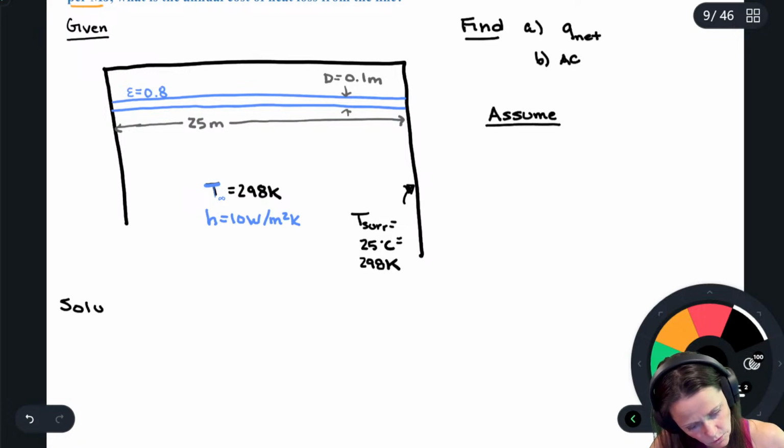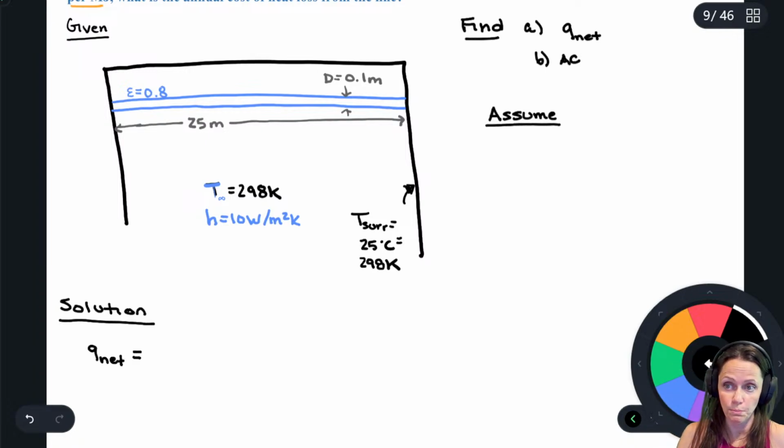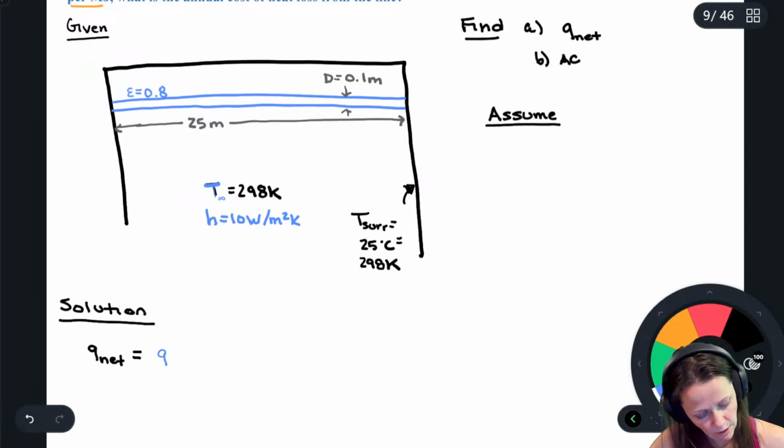All right, so I know that the net rate of heat transfer is just going to be the sum of all the modes of heat transfer that we've got going on. So I've got Q by convection, and then I've got the net rate of radiation.